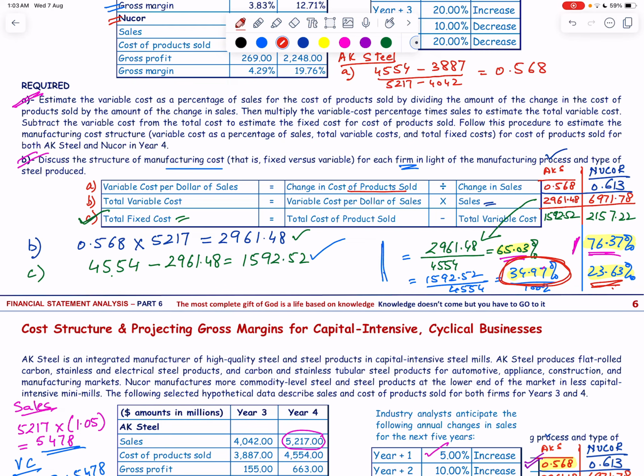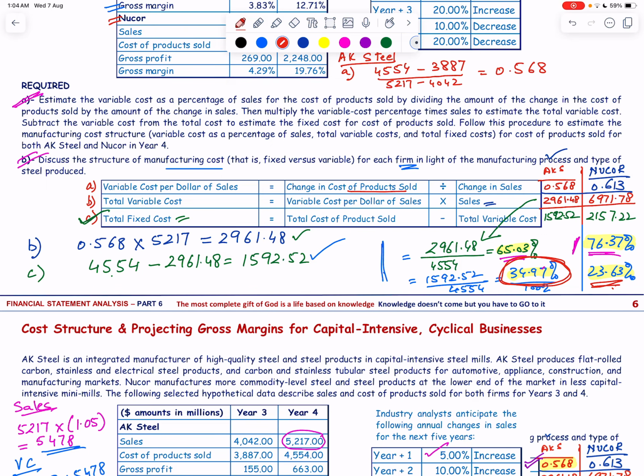So Nucor's fixed costs are a smaller percentage of its total cost structure as compared to AK Steel's, and this lower proportion of fixed cost allows Nucor to manage its cost structure more effectively and maintain a higher gross profit margin.